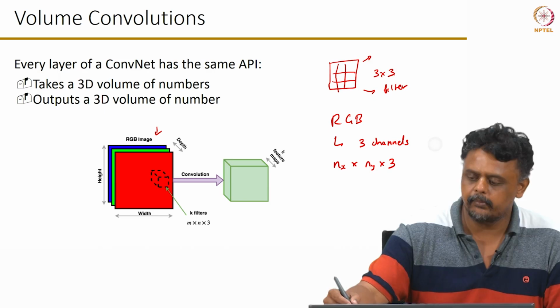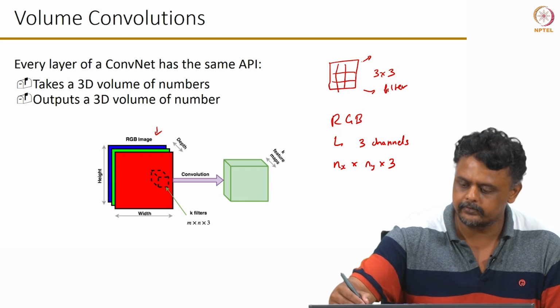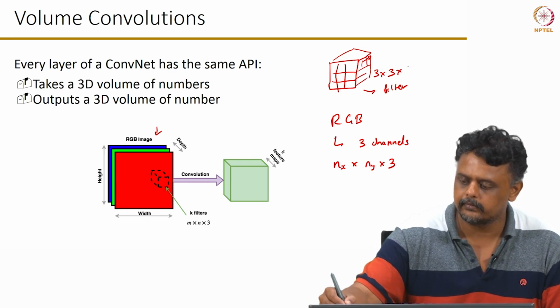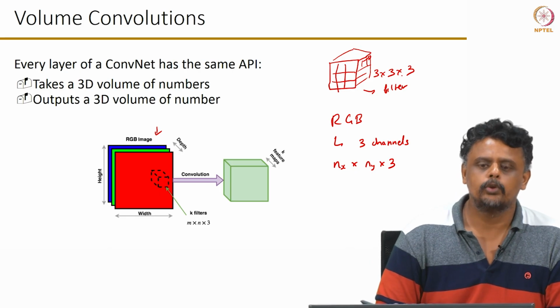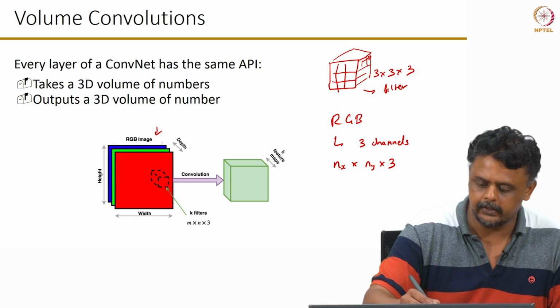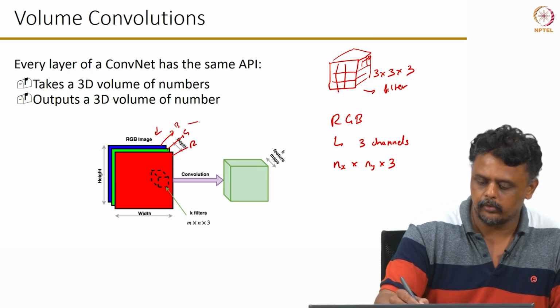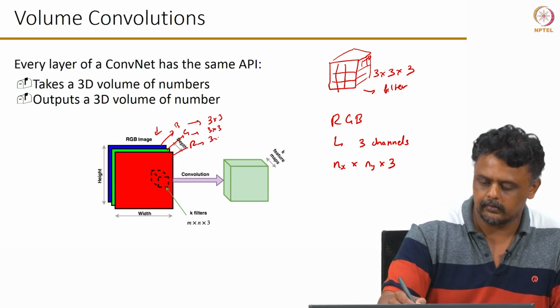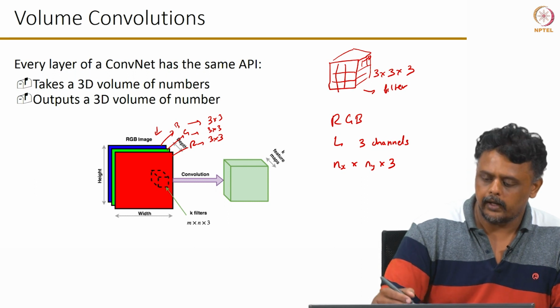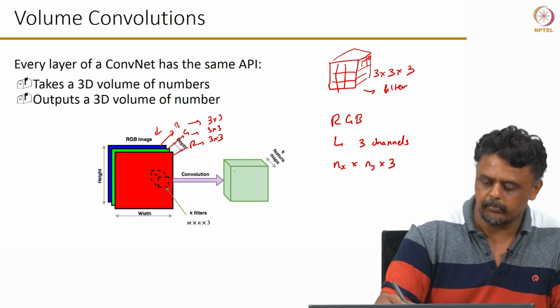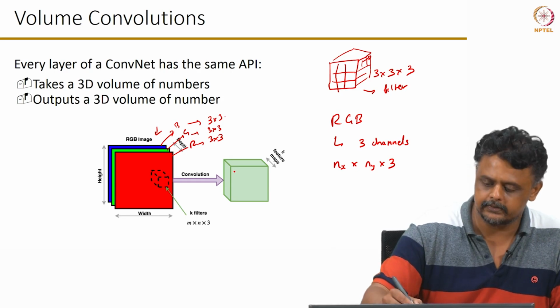Even though we say 3 by 3, the filter itself would be defined as 3 by 3 times 3. There will be a filter which operates on the red, green and blue channels, each of them operated on by a 3 by 3 concurrently. A neuron in one of the output feature maps is the sum of all these outputs.